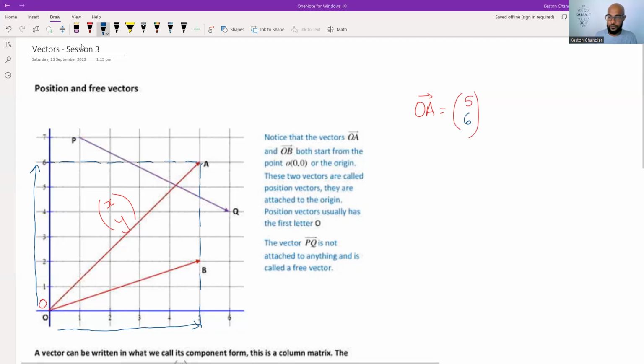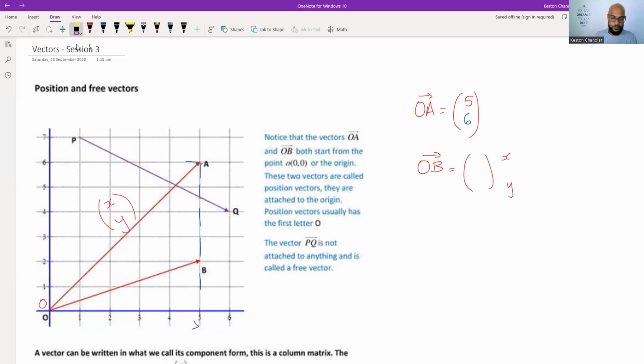So I'm going to ask you, can you do the same thing for me and tell me what is the vector OB? Remember, you want your X movement this way and your Y movement that way. So if I could just help you a little bit here. For B, you're going to look at going across this way.